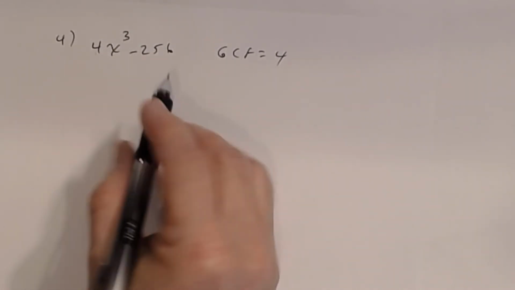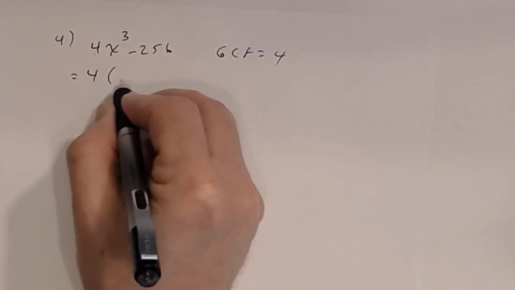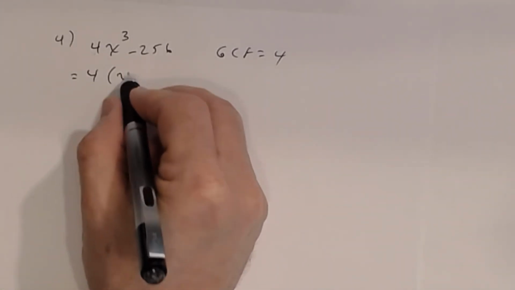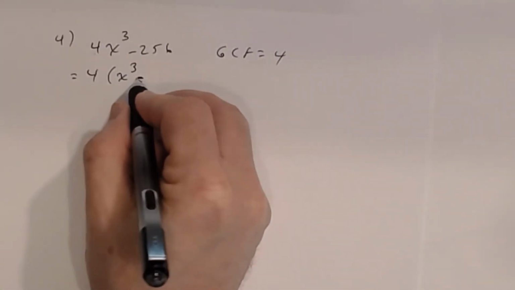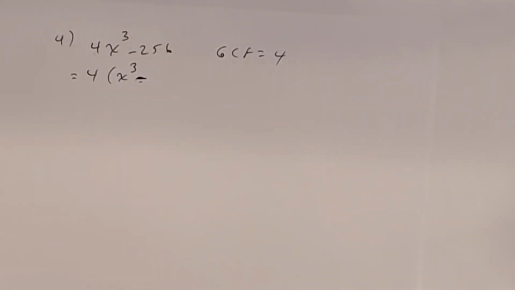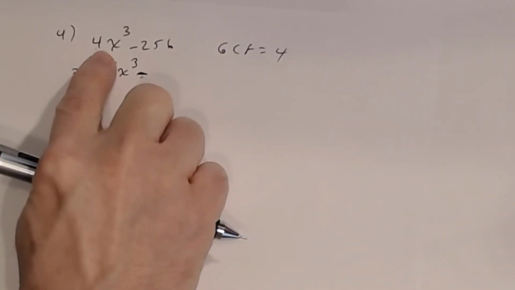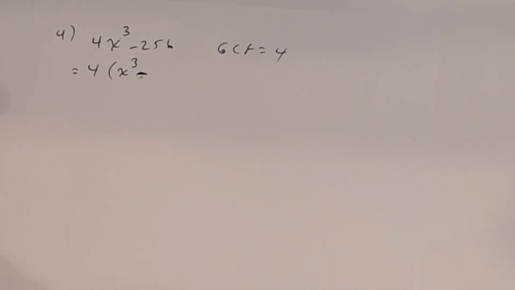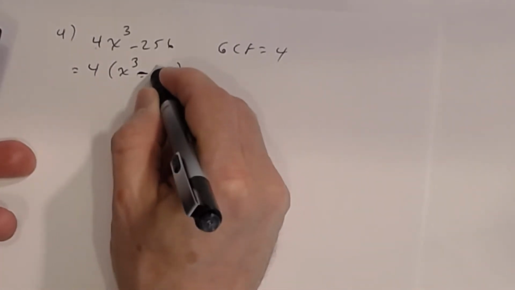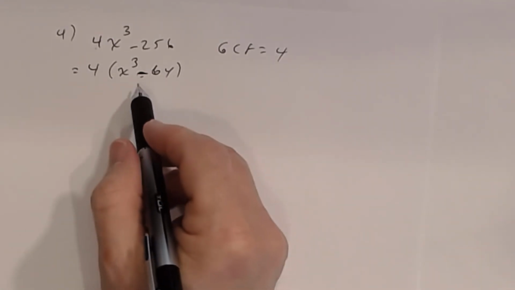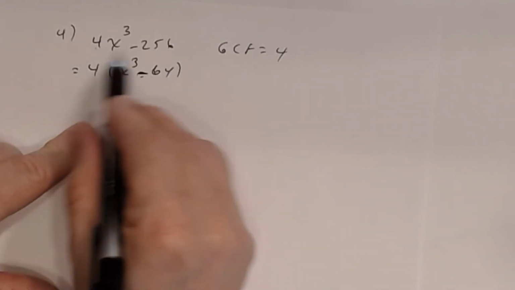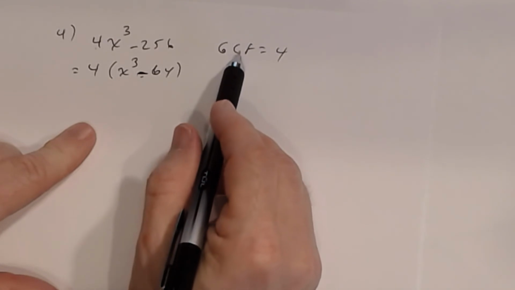So let's go ahead and factor out the GCF first. That becomes 4 times x cubed minus, and 256 divided by 4 gives us 64. Okay? Now, remember, you're not done. Don't say that's the answer, because all you did was factor out the 4.